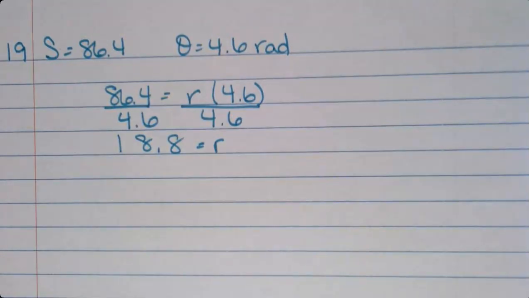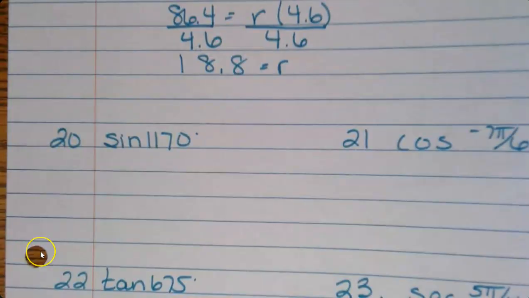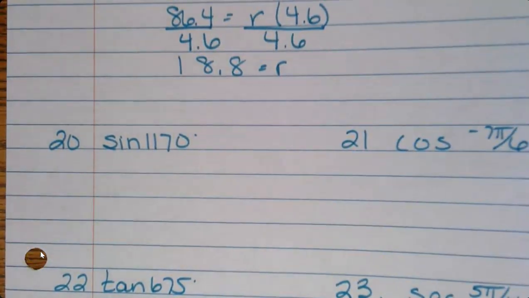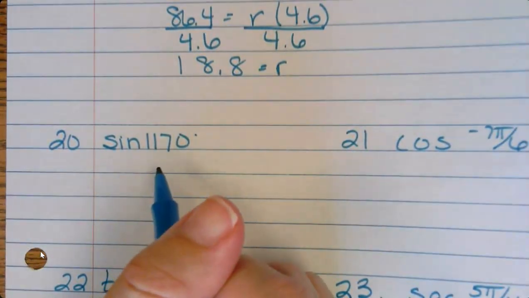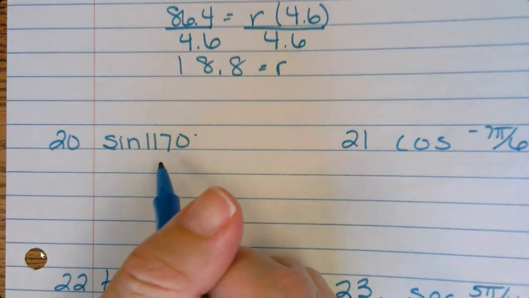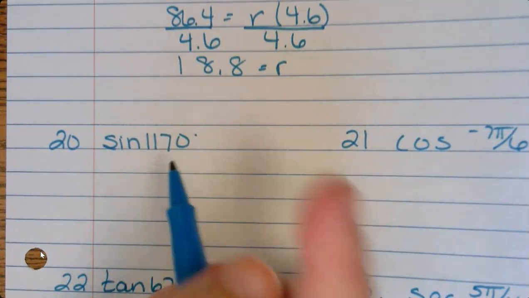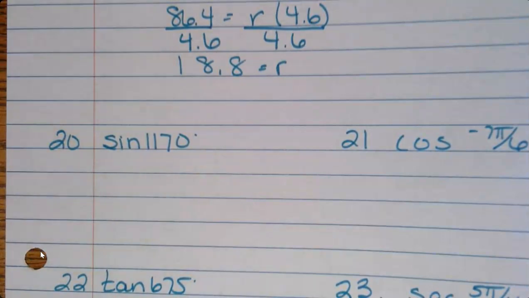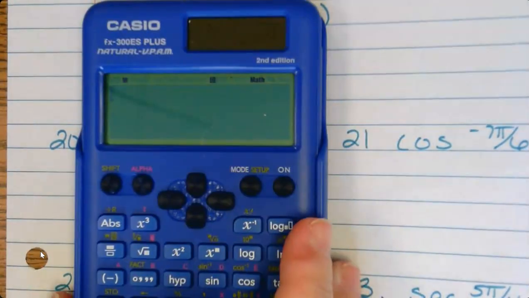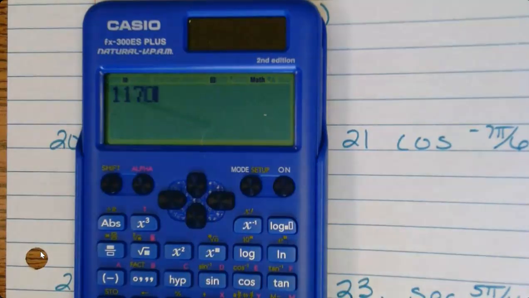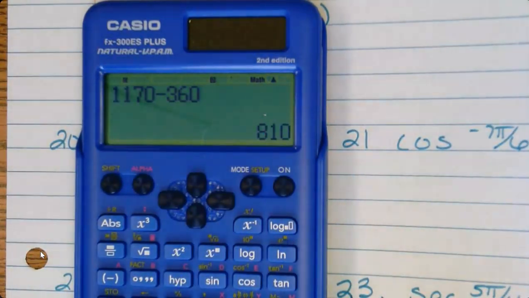So I'm going to pause real quick to get me a unit circle. Hey guys, so here we go. Sine of 1,170. Way too big. So we're going to have to subtract 360 multiple times. Let me hit clear. So 1170 minus 360 is 810, still not on it, so we're going to keep subtracting. 450 is not on it.